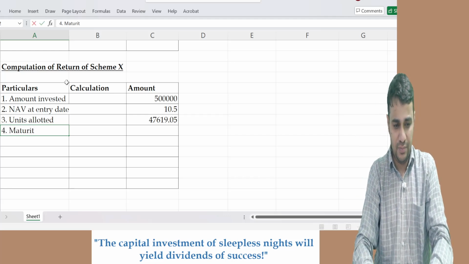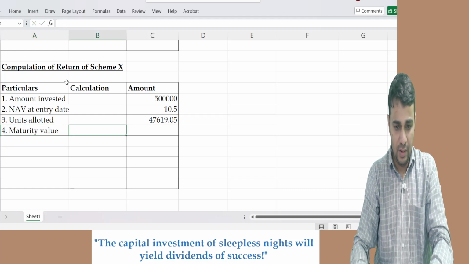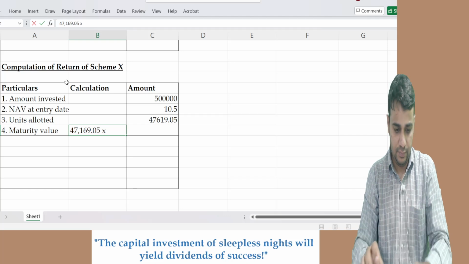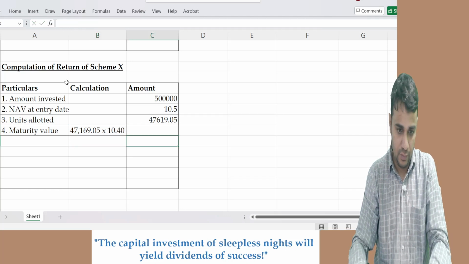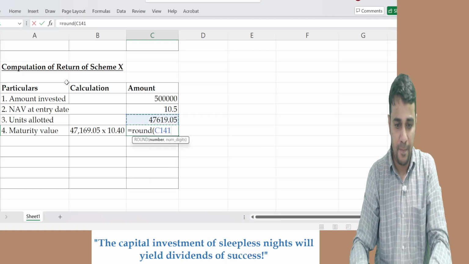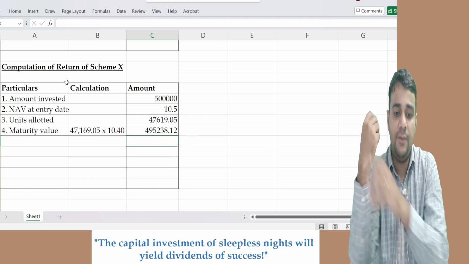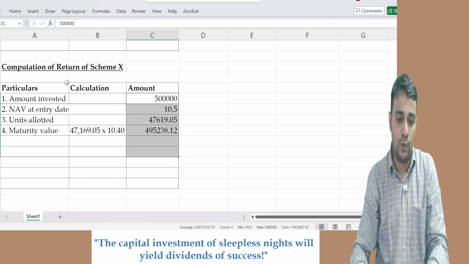Maturity value: 47619.05 units. What is the closing NAV? Multiply with 10.4. That gives 495,238.12.